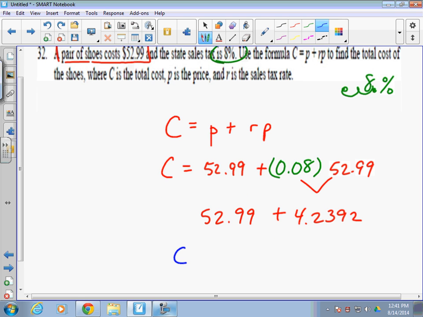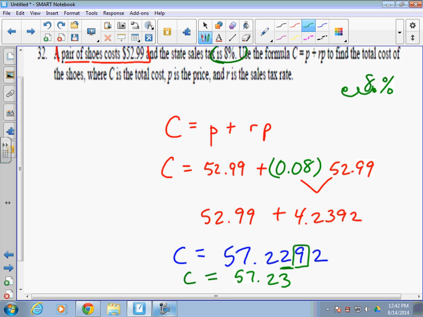Your cost is going to be a total of $57.2292. Again, we know we can only go to this second digit, and we're going to look at the third one to determine if we round up or not. So the cost is going to be $57.23.